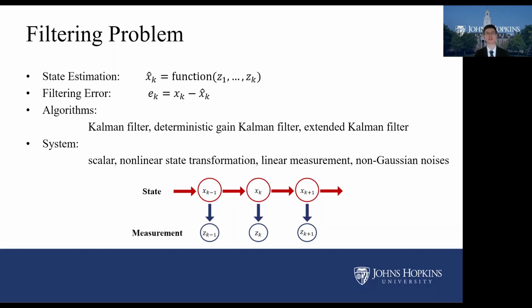We investigate a class of filtering algorithms that include the classic Kalman filter in linear settings, the deterministic gain Kalman filter, and the extended Kalman filter in nonlinear cases. Our method has proven to be applicable for both systems with Gaussian noises and non-Gaussian noises.